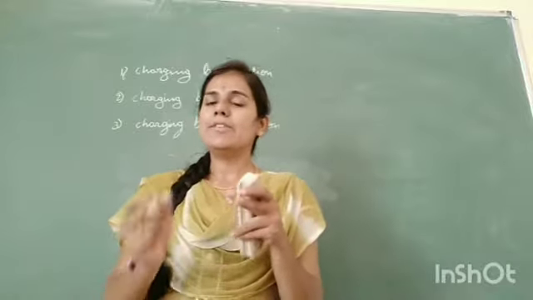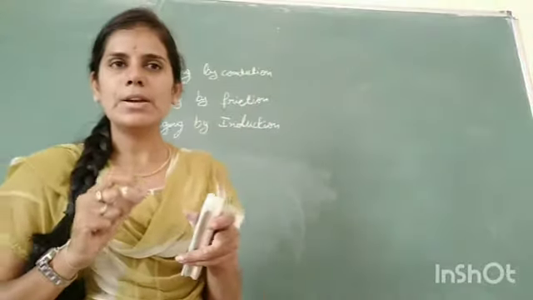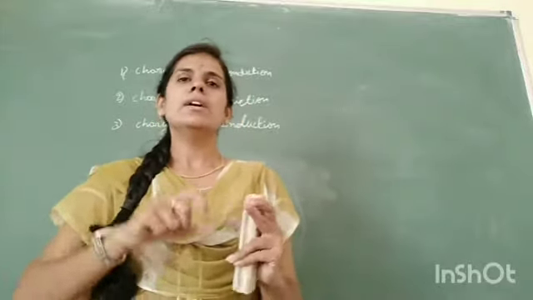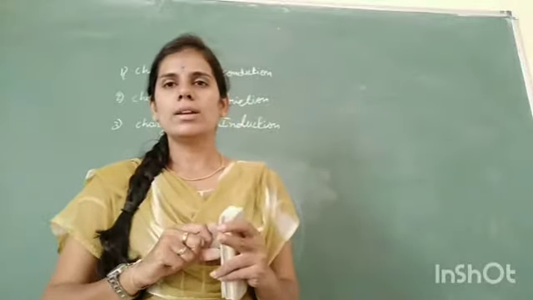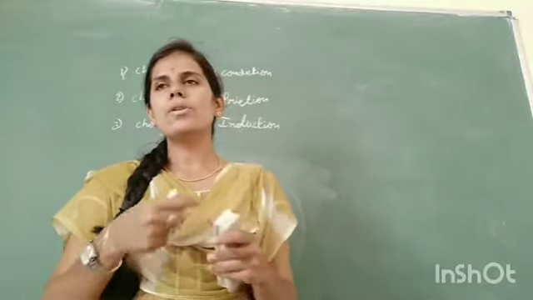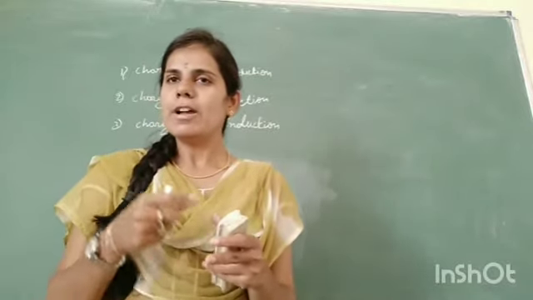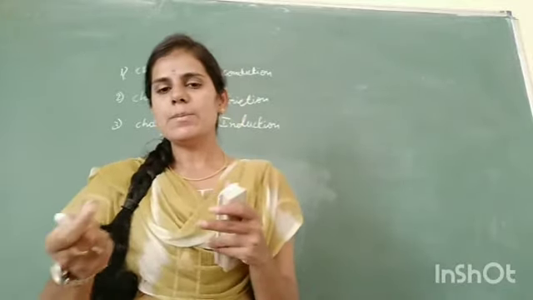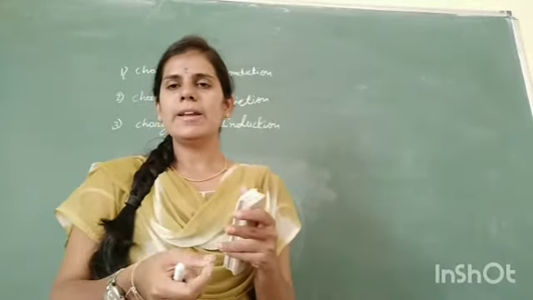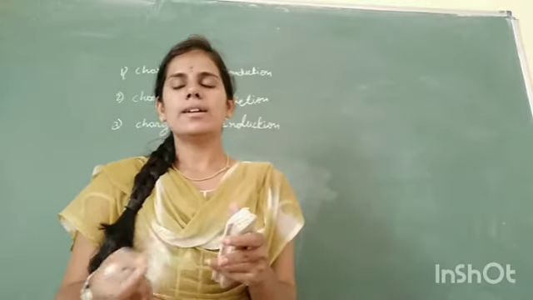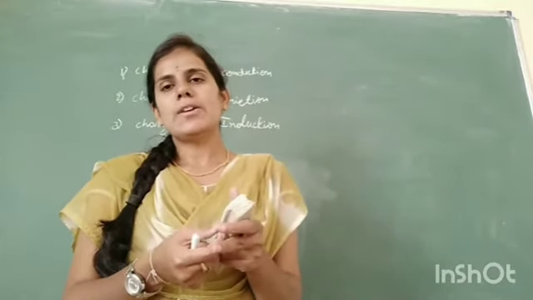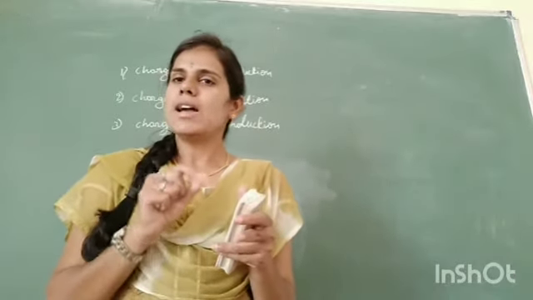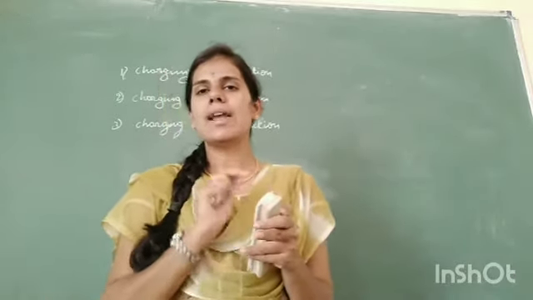For example, in your home, take a pen and rub it with a sweater or woolen cloth, twice or more rigorously. The charge accumulates on the pen, and if you put a piece of paper there, the pen attracts the piece of paper.